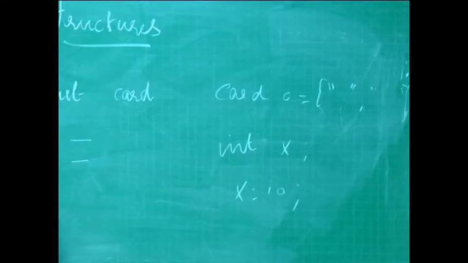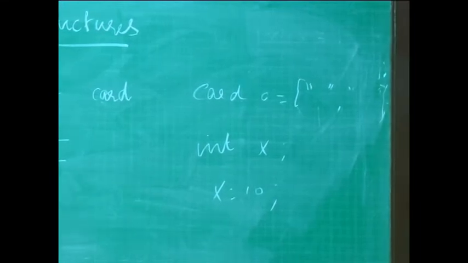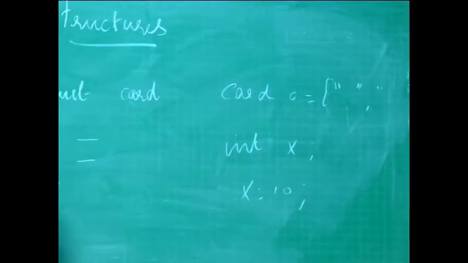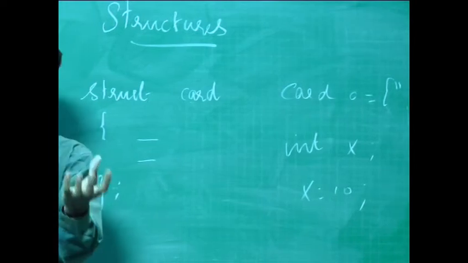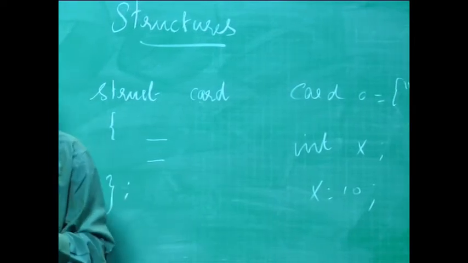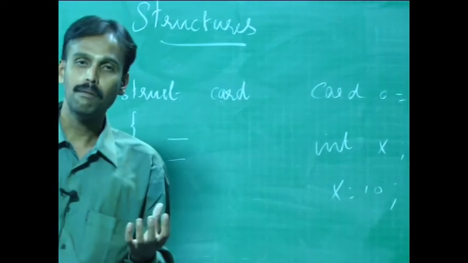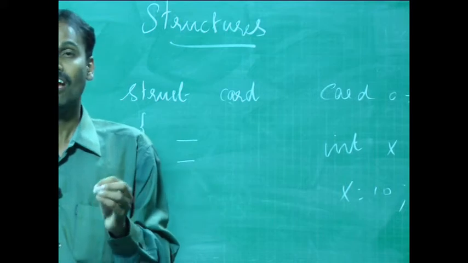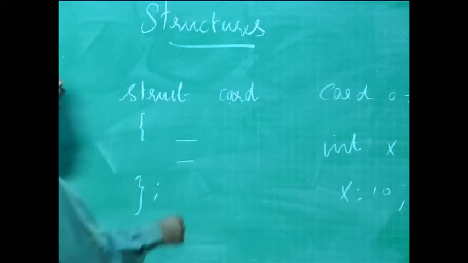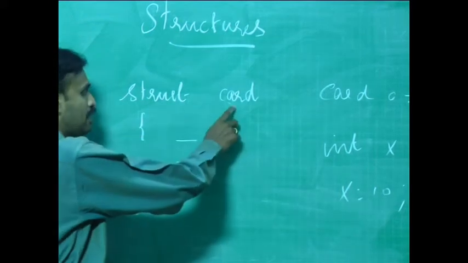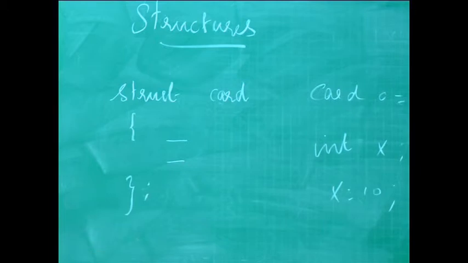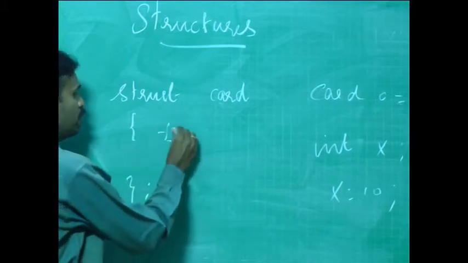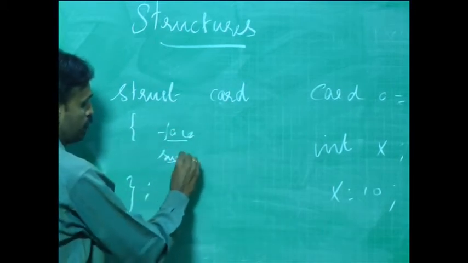Then assignment statements. You can create a new instance and you can say that a value is moved into a member value. Then you can have the dot operator to initialize values for it. Say for example, I have a structure with the name card and it has 2 different members called face and suit.